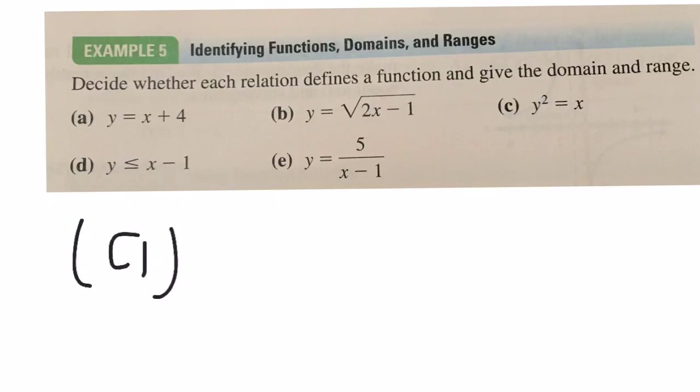Notice we get each y value by simply adding 4 to x. So for every different x value, since you're strictly just adding 4, you'd get a different y value. Like if you plugged in 1, you'd get 5, plug in 2, you get 6, plug in 3, you get 7. So A would be a function.